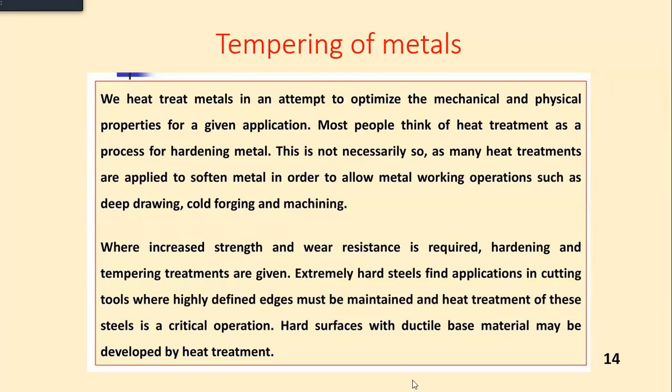Annealing is another method, right? Annealing is actually softening metal. And the other three, normalizing, hardening, tempering, are heat treatments to achieve high hardness of metal at different levels.